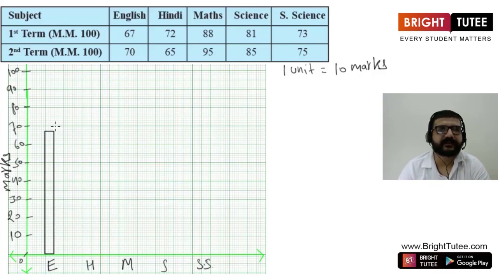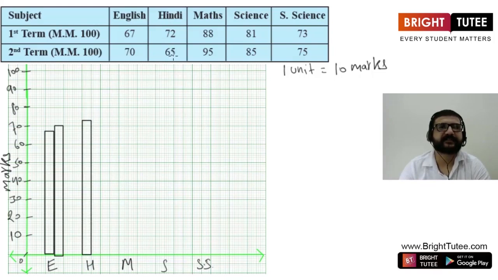So its graph will be like this. And then for Hindi, in the first term it is 72. So it will be like this. And 65 in the second term, it will be like this.